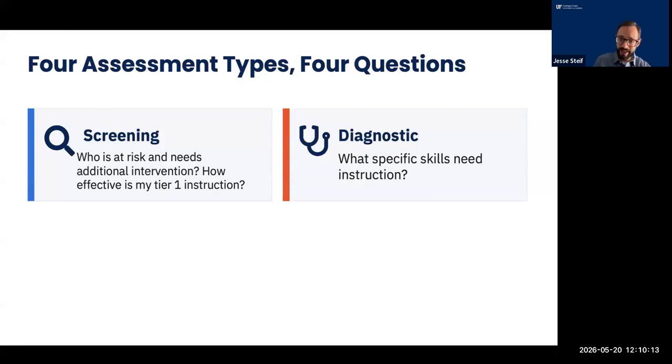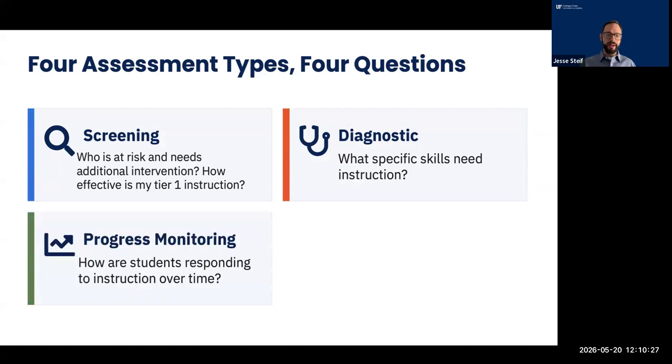We have diagnostic assessments. A diagnostic assessment is meant to answer the question of what specific skills students need instruction or intervention in. Then there are progress monitoring assessments, which are tools that help us understand how students are responding to instruction or intervention over time.